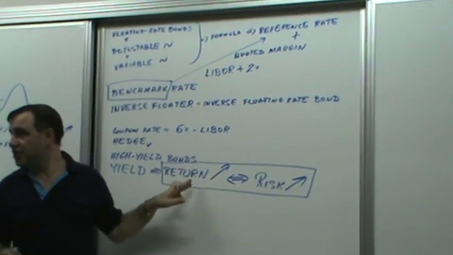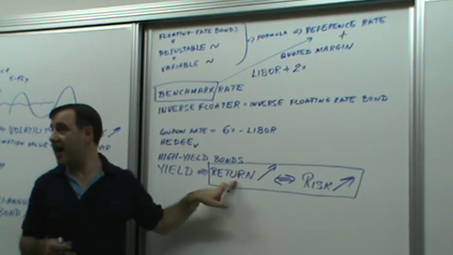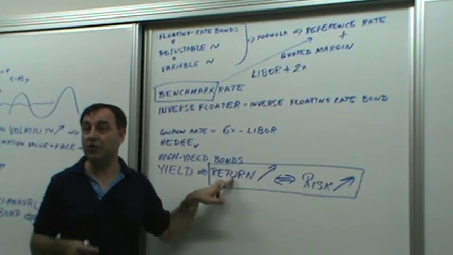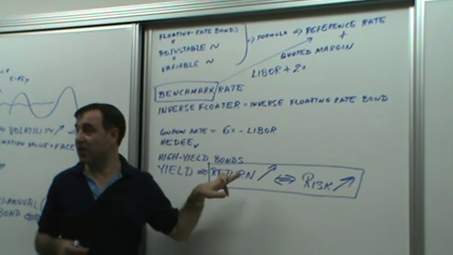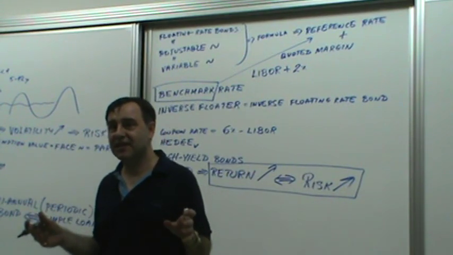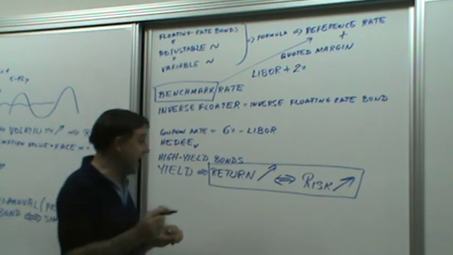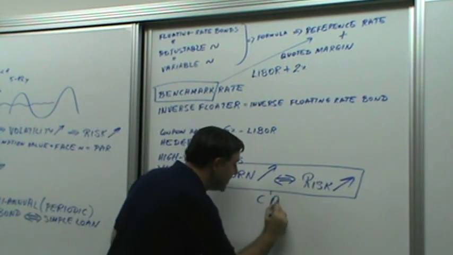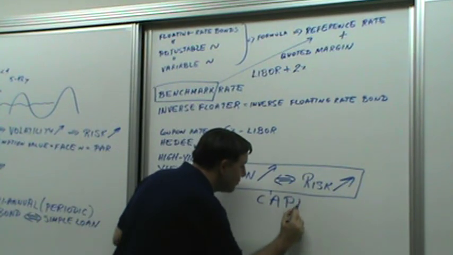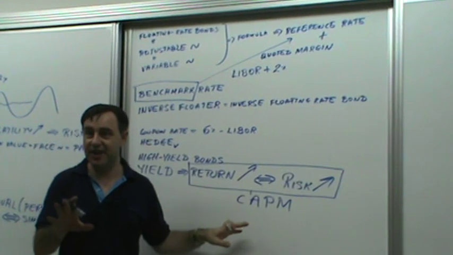This relationship where higher risk means higher return and higher return means higher risk is well known in finance as the capital asset pricing model. You studied it, right?